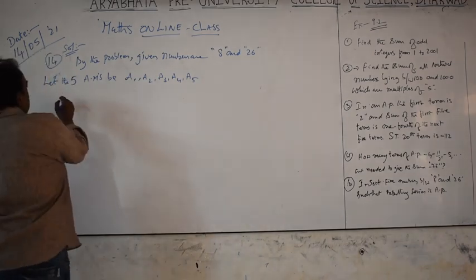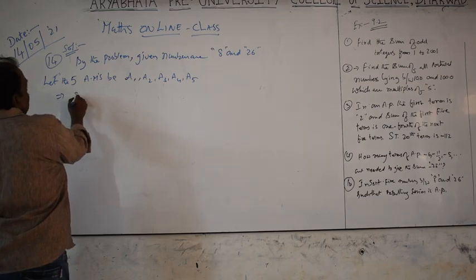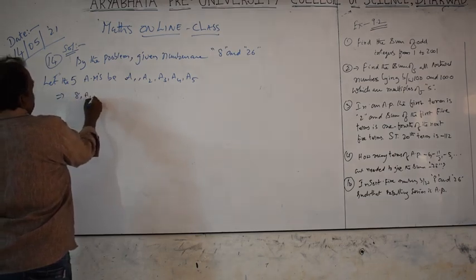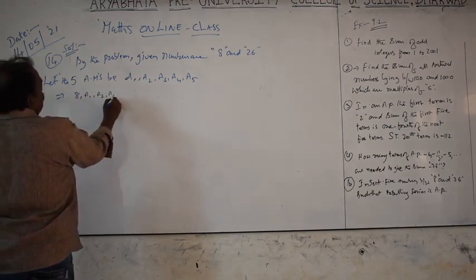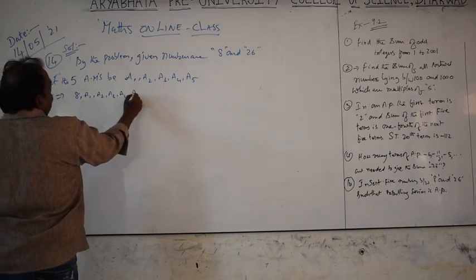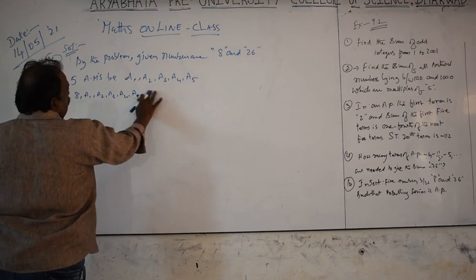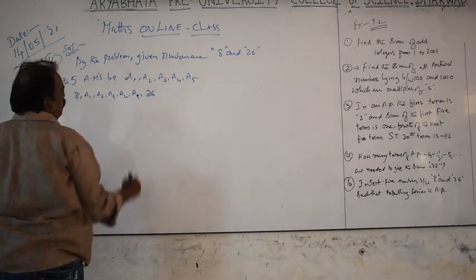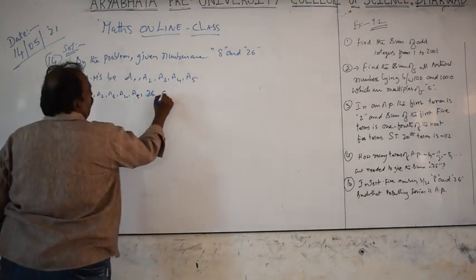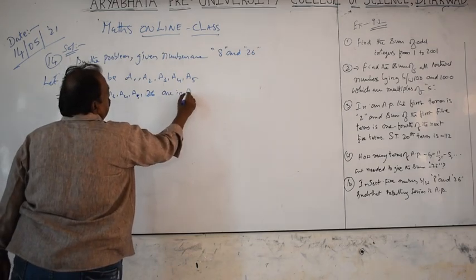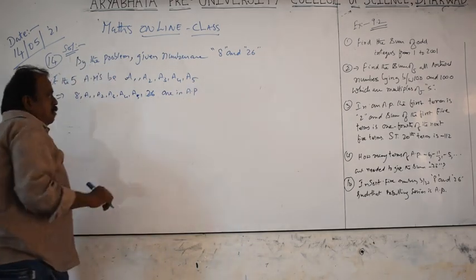That implies 8, A1, A2, A3, A4, A5 and then 26 are in AP. That is the problem.